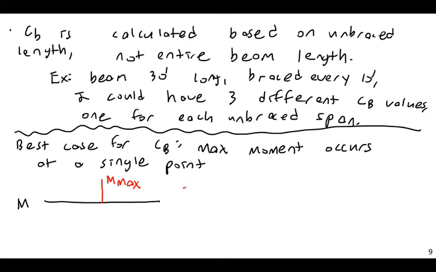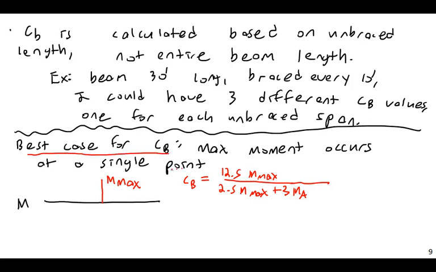So how would we calculate CB then? Well, CB would equal, if I look at my equation, 12.5 M max divided by 2.5 M max plus 3 MA plus 4 MB plus 3 MC.